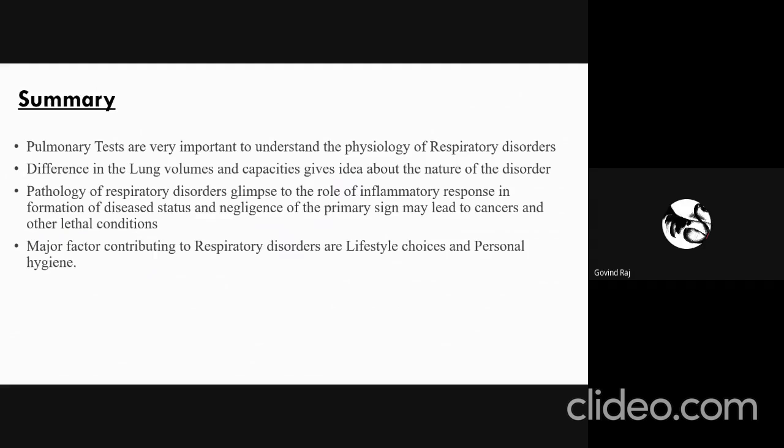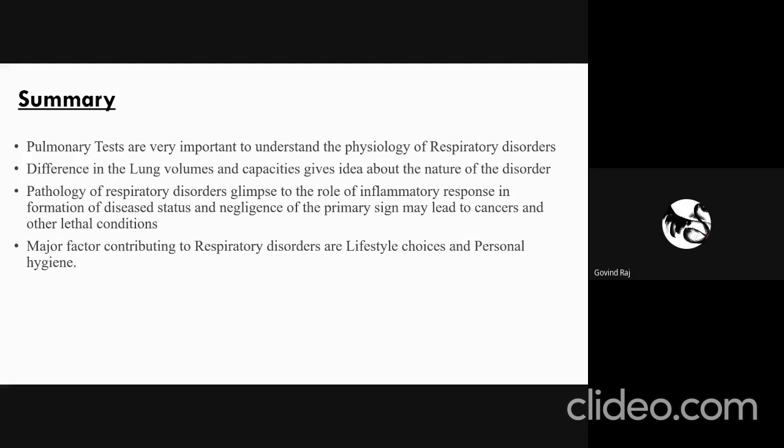The next point is that differences in lung volumes and capacities give an idea about the nature of the disorder, and this is the most important thing. The pathology of respiratory disorders gives a glimpse into the role of inflammatory responses in the formation of diseased status, and negligence of the primary signs may lead to cancers and other lethal conditions.